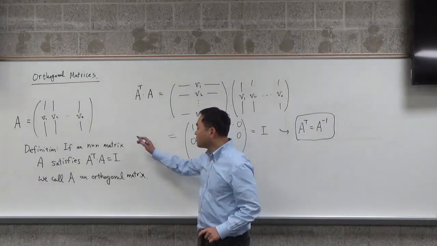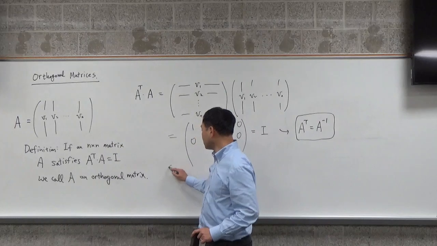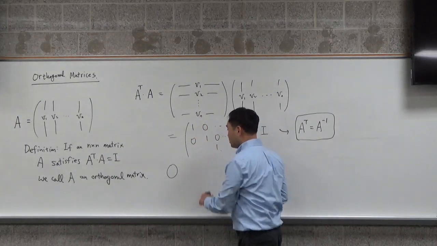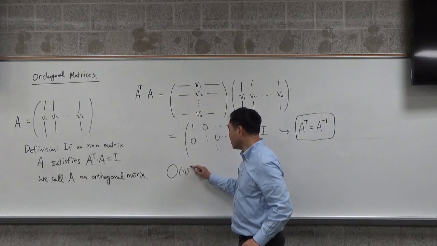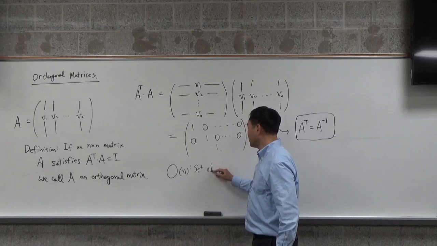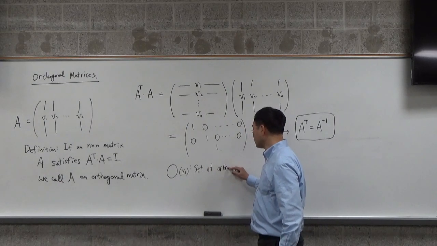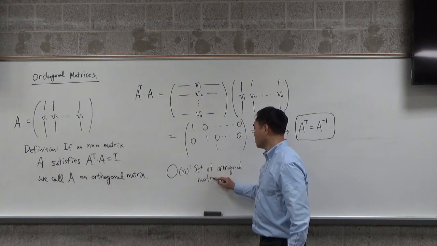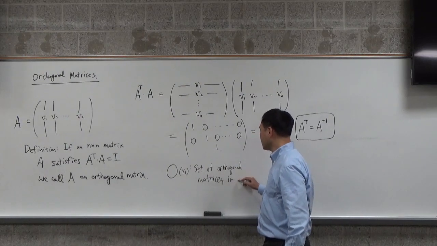The set of orthogonal matrices in dimension n is usually denoted by O_n.